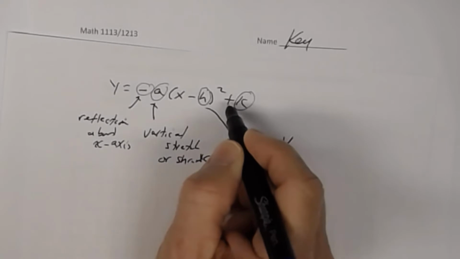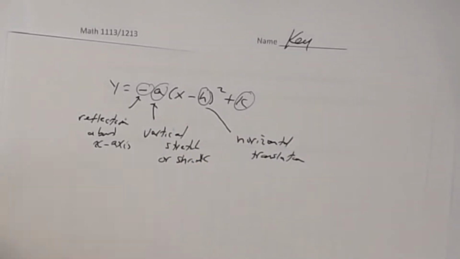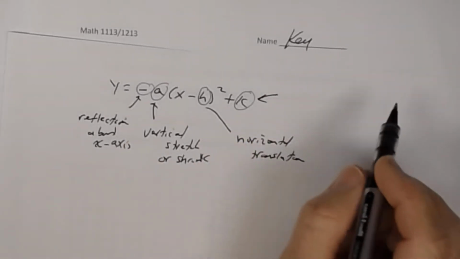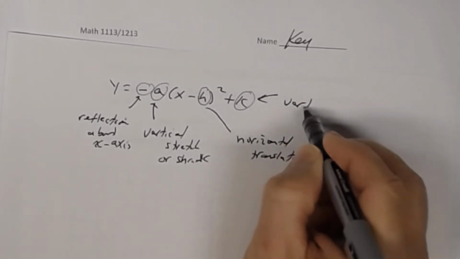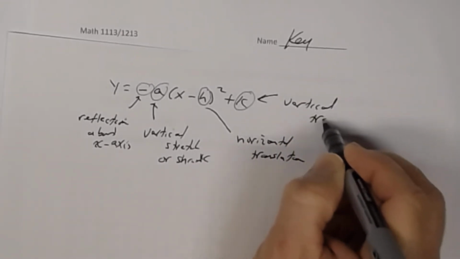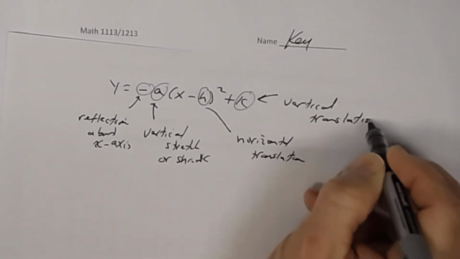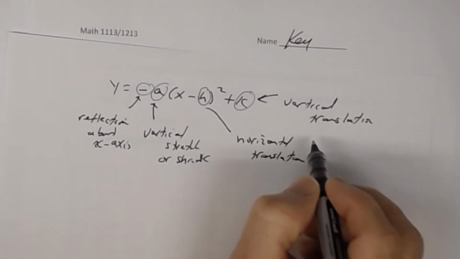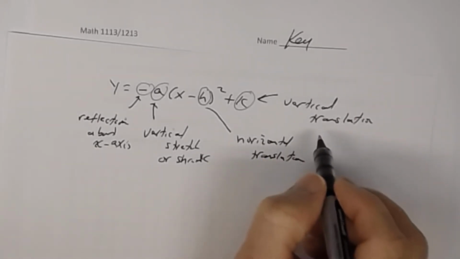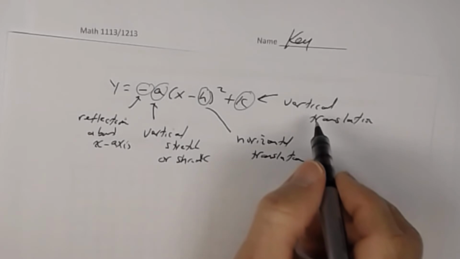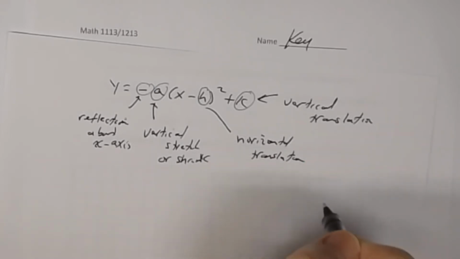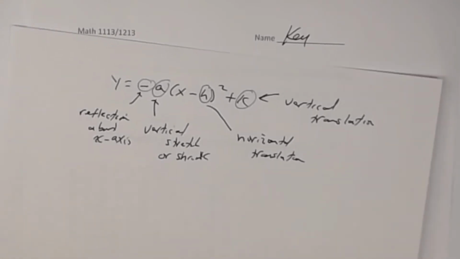This k is your vertical translation. If k is positive, you move your function up. If k is negative, you go down.